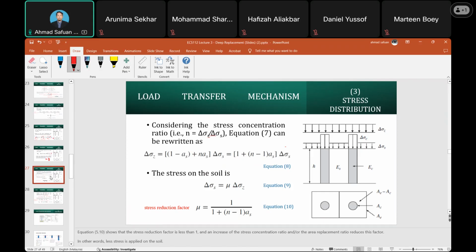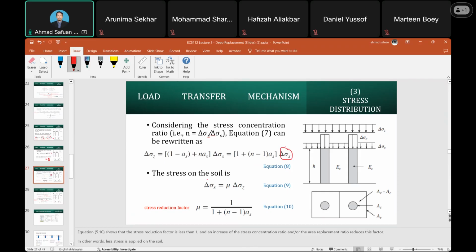From there they obtain the stress reduction factor, which is 1 over 1 plus n minus 1 AS. So this equation has been included in equation 9. Later on they get the stress reduction factor.